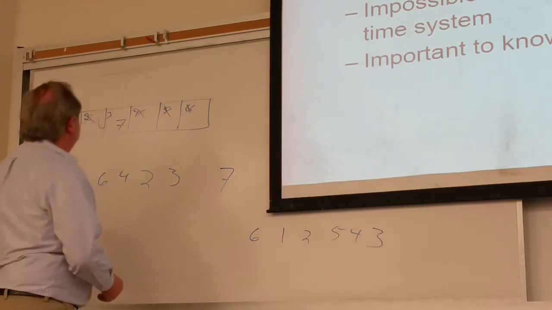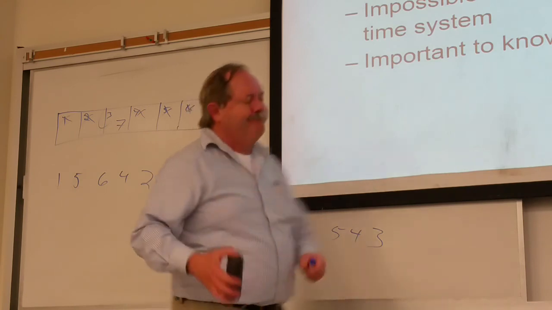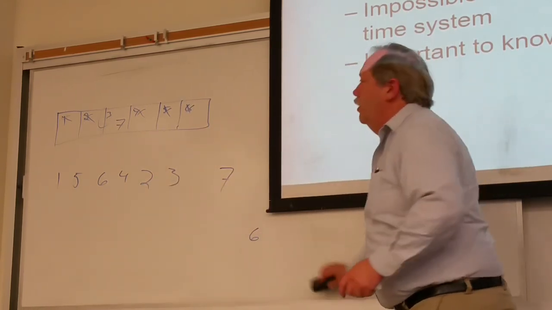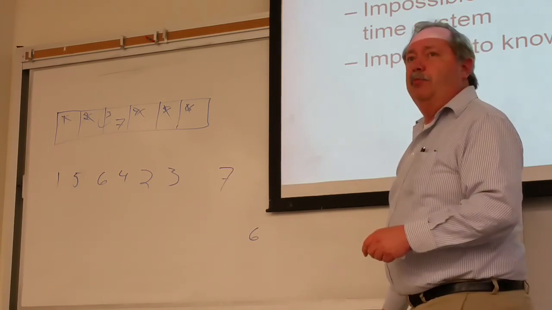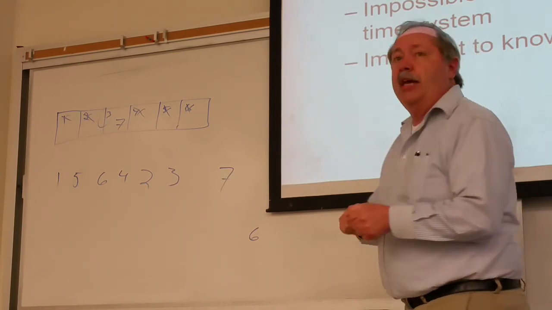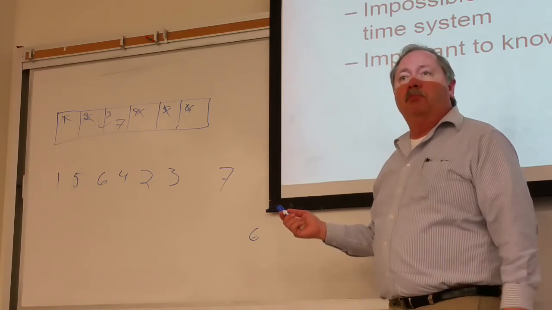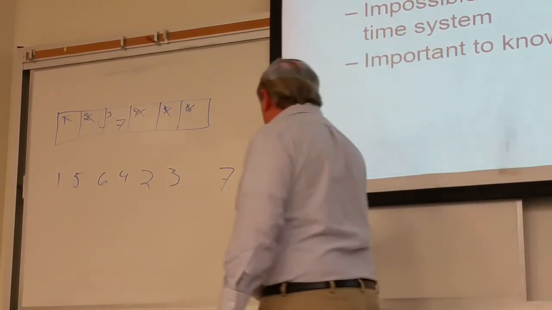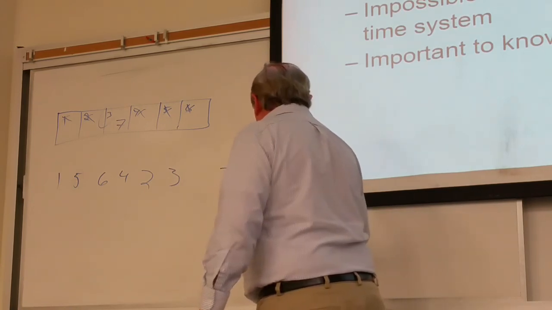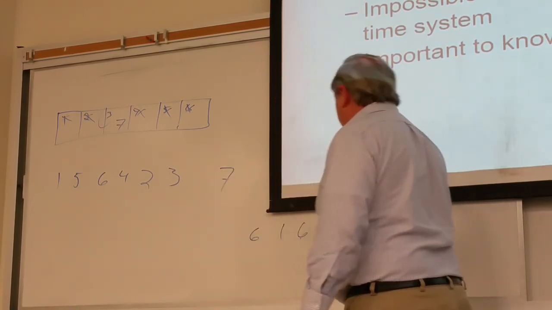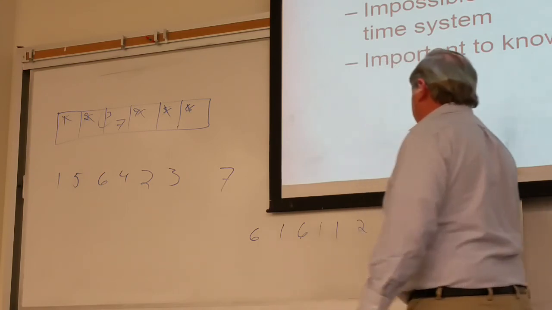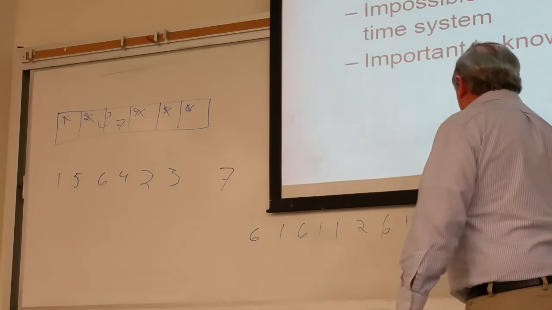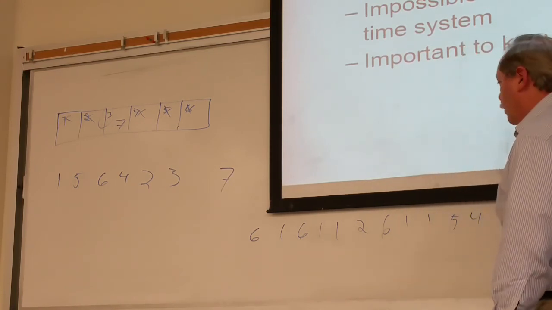Another artifact of this very poor example is that it's assuming I'm always making a different page request each time. I could do this: 6, 1, 6, 1, 1, then 2, 6, 1, 1, 5, 4, then 3.